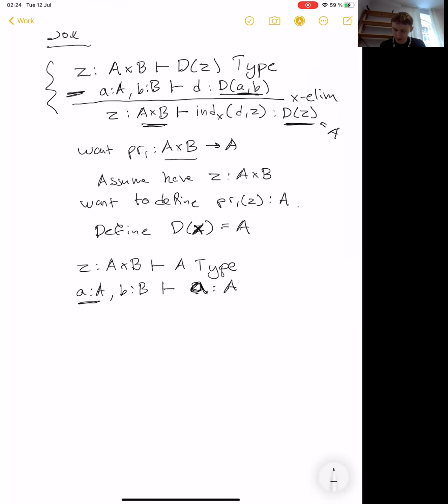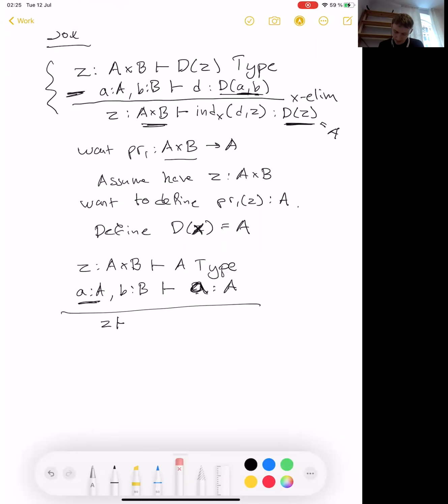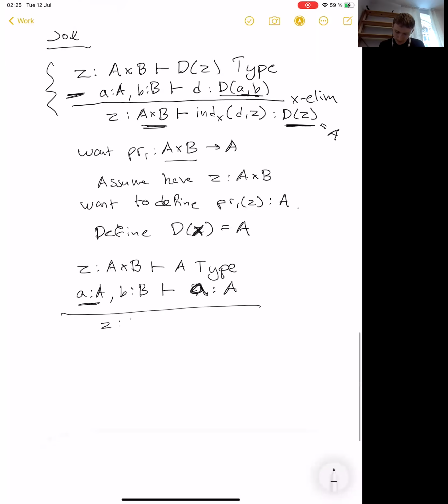And we're done, because now we may conclude that for any Z in A cross B, we have a term int X of A Z of type A. And we take this term here to be our definition.